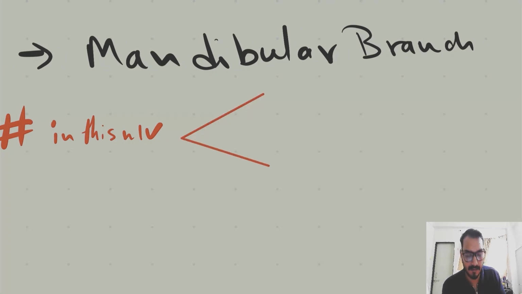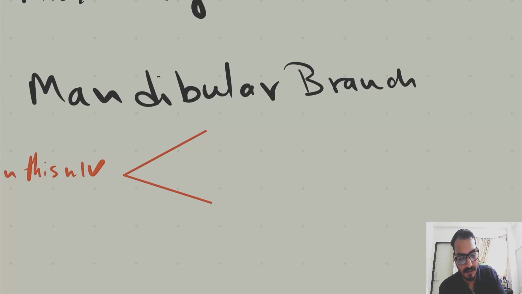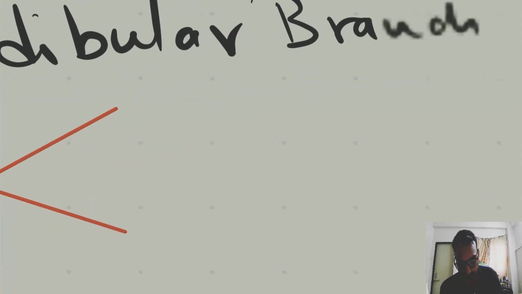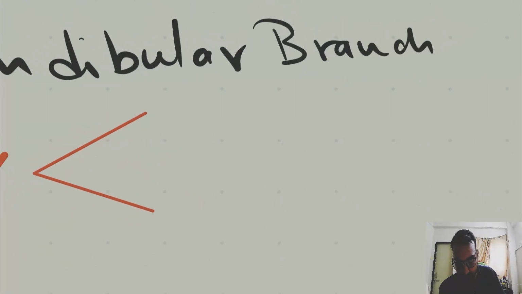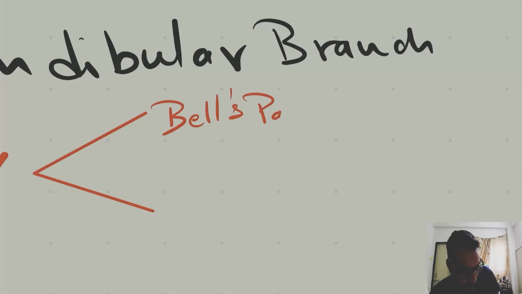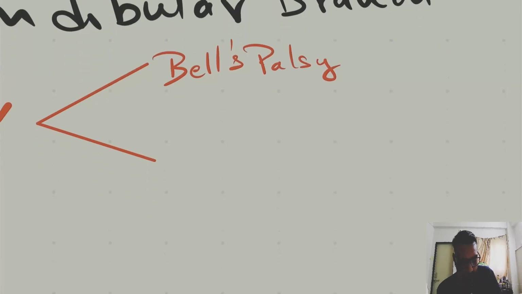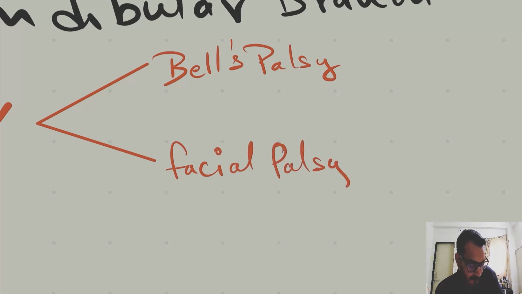The first one is known as Bell's palsy. And another one is known as facial palsy. The Bell's palsy and the facial palsy.